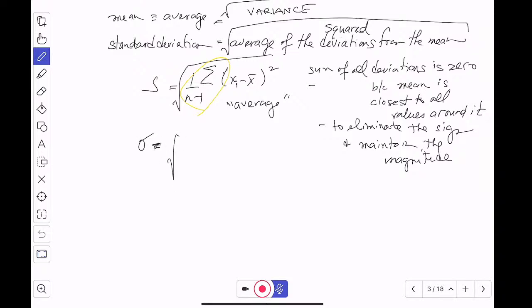It's also the square root of the square deviations from the mean, but it's an average with all the population values. And the mean is not the sample mean, but the population mean. If I have the population data, I can calculate the population mean, and then I can get the population standard deviation.